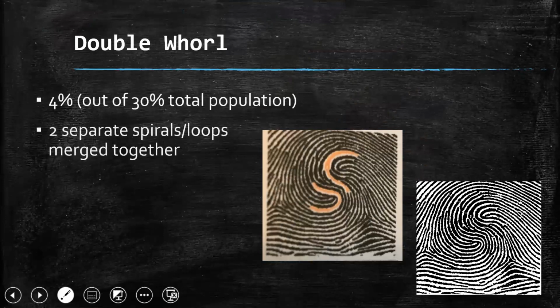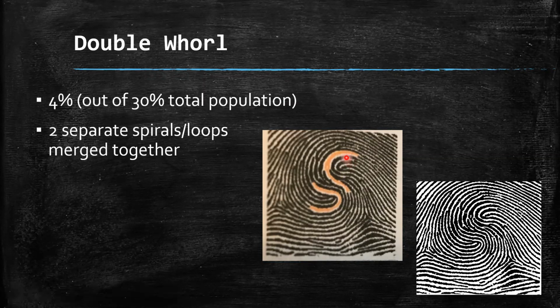A double whorl or a double loop whorl is basically when you have 2 loops merging together. It kind of makes a yin-yang shape. So you have a loop right here, and you have a loop right here, and they come together. So they could be like this format. They could be turned to the side. Once again, you have a loop right here, and you have a loop right here.